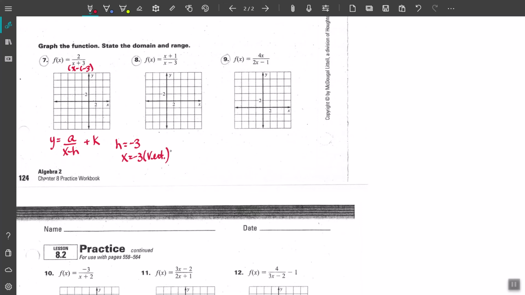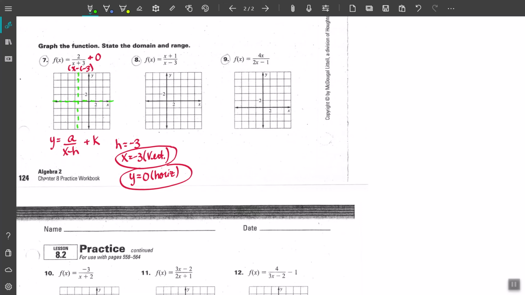And then our horizontal asymptote is 0. So y equals 0 is our horizontal because we don't have any shifting. We don't have a k value written out here. That means that it really is 0. They're just not writing it in. All right, so we've got our two asymptotes. We're going to take those and put them onto our graph.